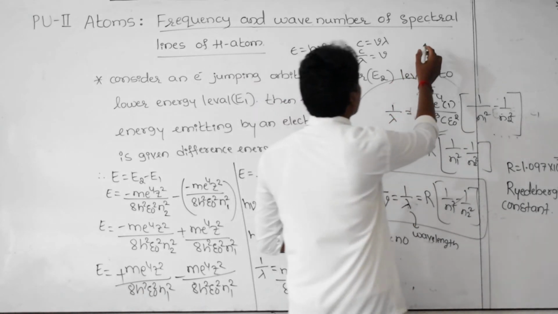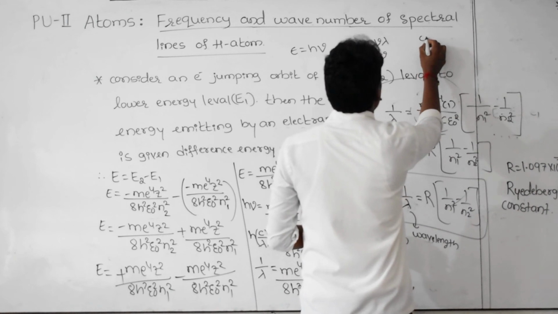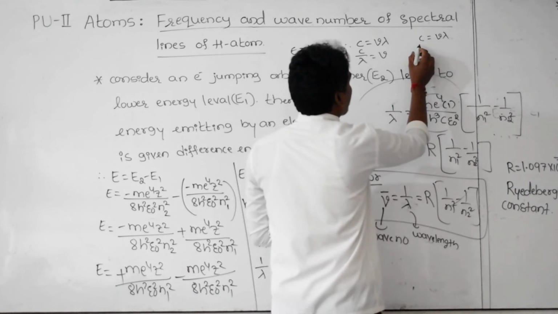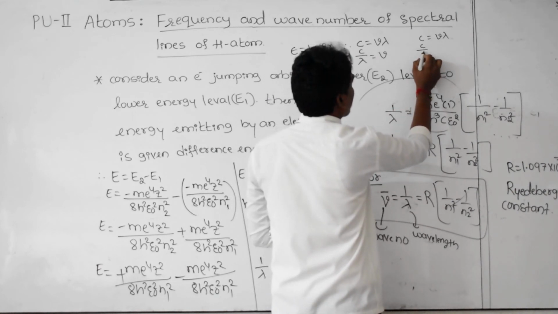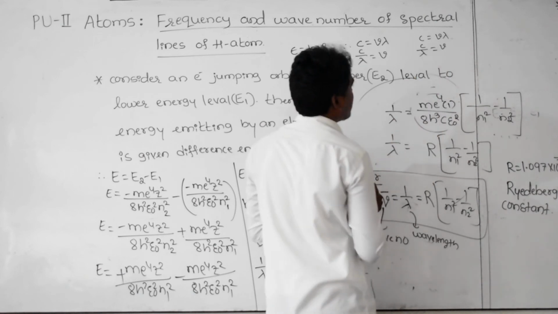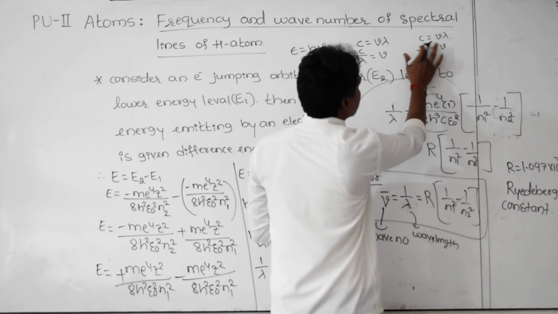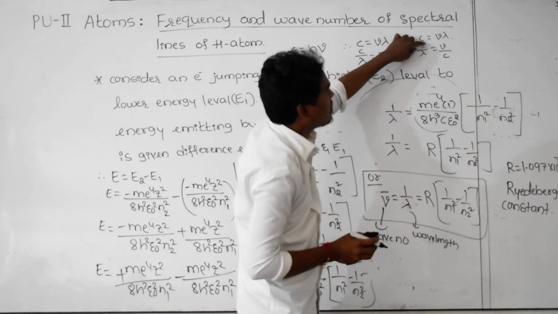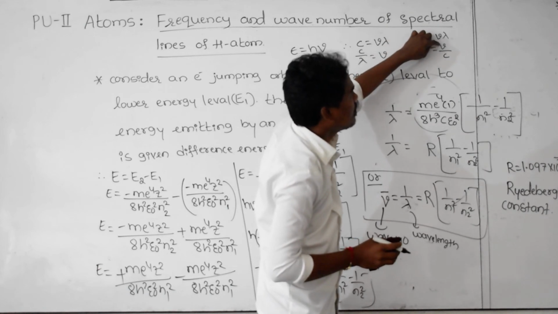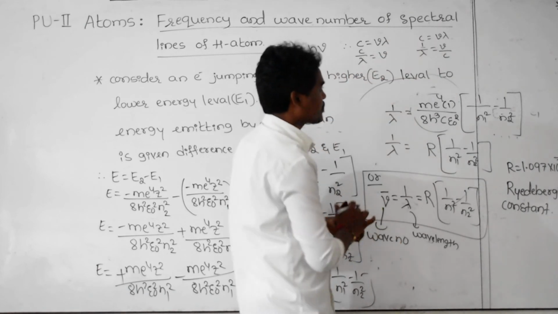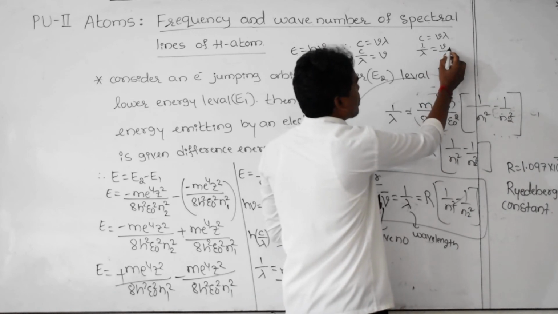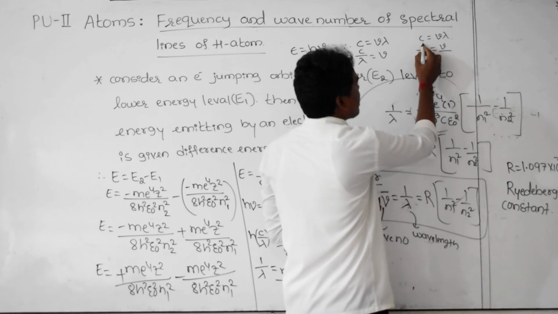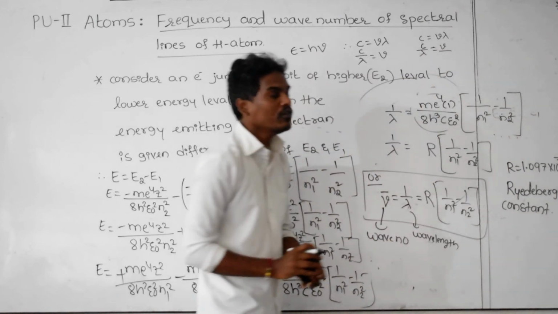Or if you want to find out the frequency, you know very well that C is equal to nu into lambda. And here nu can be written as C by lambda. Take C to this side, then 1 by lambda is equal to nu by C. And here 1 by lambda, this is called a wave number, equal to frequency divided by C. If you want to find out the frequency, C divided by lambda is equal to frequency.